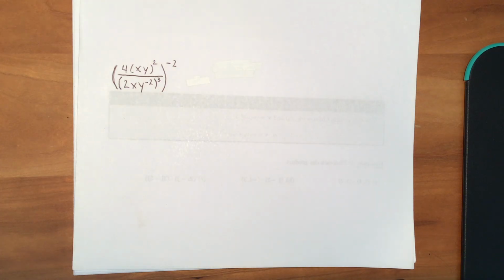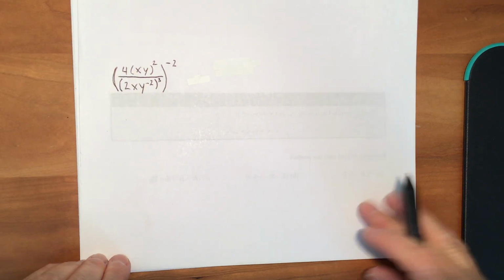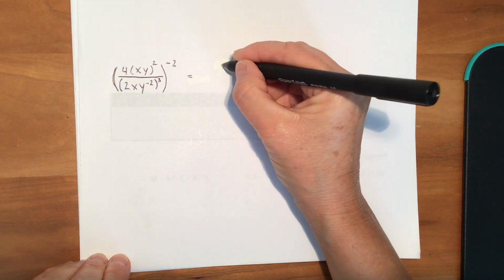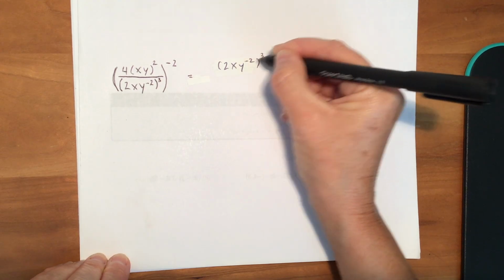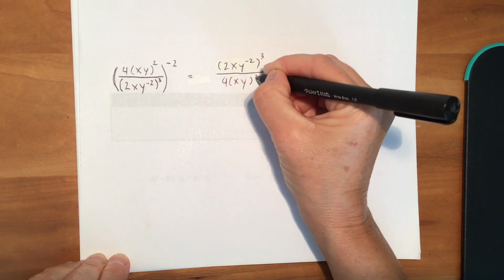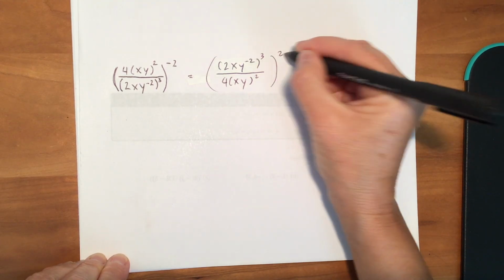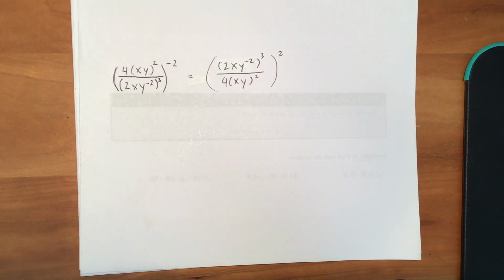All right, let's do this one now. So the first thing that I'm going to do is flip the fraction and make that exponent positive 2. And now I'm going to simplify the numerator, or I should just say really multiply it out.